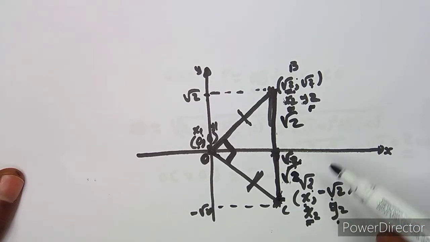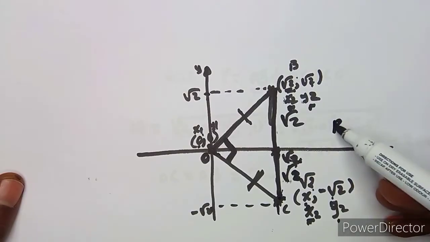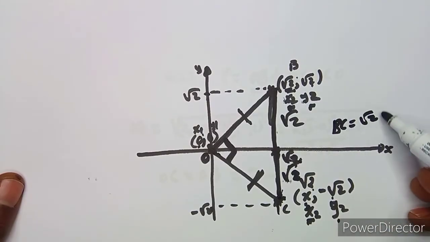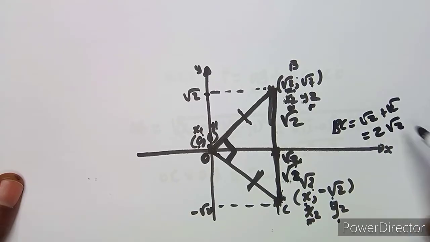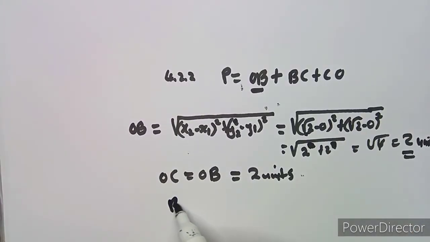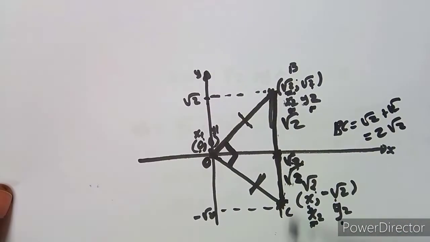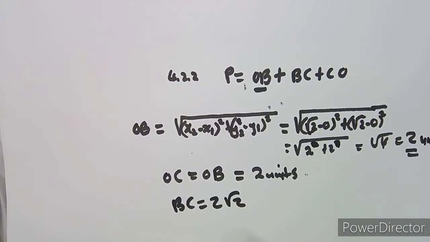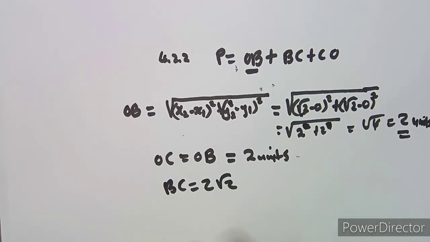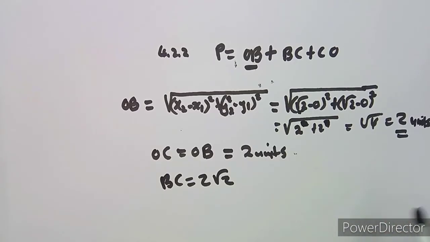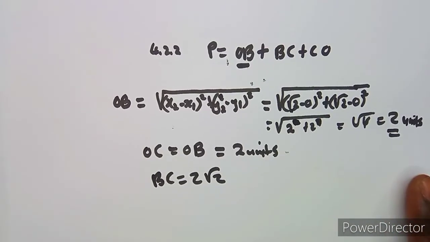So BC is going to be the square root of 2 plus the square root of 2, which is 2 square root of 2. That is your BC. Or you can use the distance formula; you're going to obtain the same answer, but it is going to take us time.